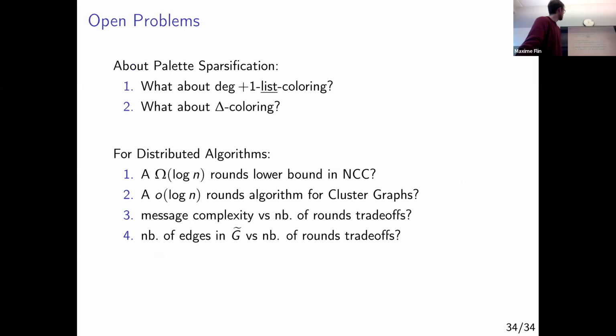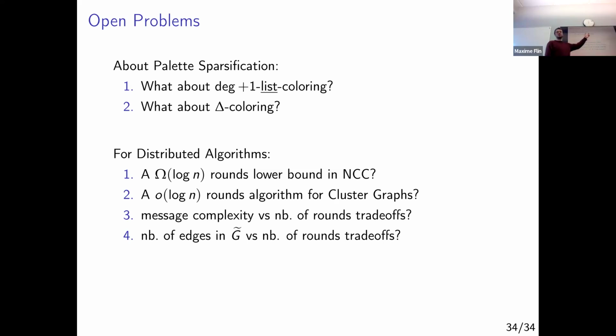Okay, and so I'm just going to finish with a bunch of open problems. So you could look at harder types of coloring. For instance, degree plus one coloring is where the number of colors you have depends on your degree. If I have degree 10, I have just 11 colors in the list. If I have degree 100, I have 101 colors.